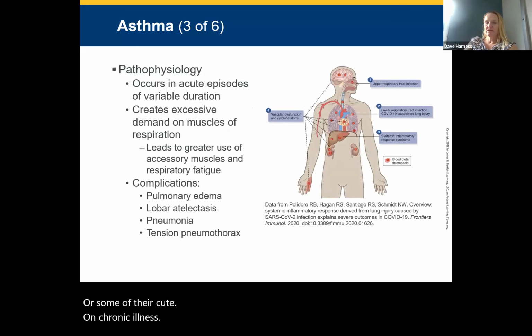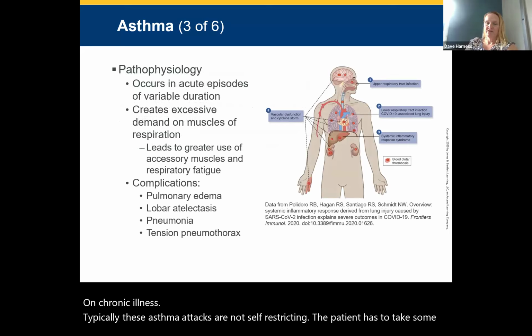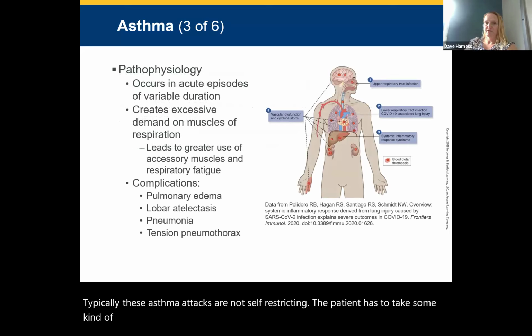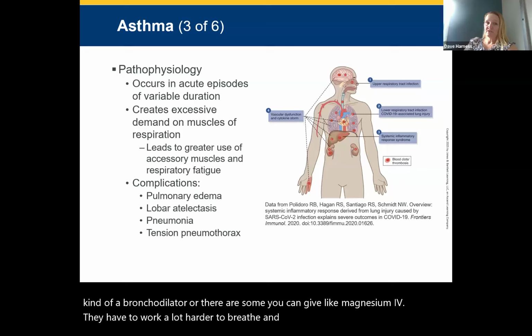Typically, these asthma attacks are not self-resolving. The patient has to take some kind of a bronchodilator, or you can give magnesium IV. They have to work a lot harder to breathe, and so they end up wearing out.